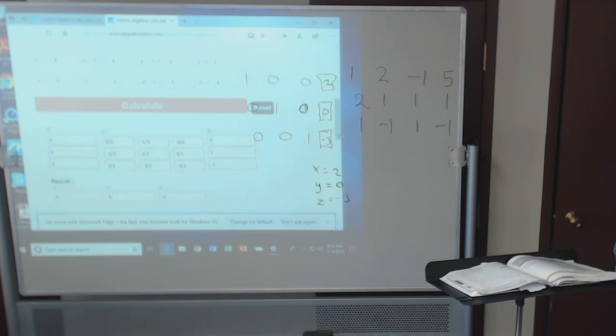Because there's so much available on the internet. Did you see how many places you can go to find places to help you do this matrix algebra calculation? So you just have to know where to plug the numbers in and then where to look down for the results.